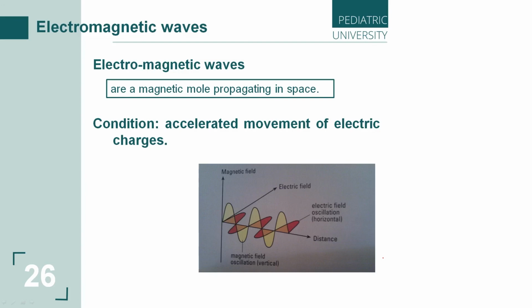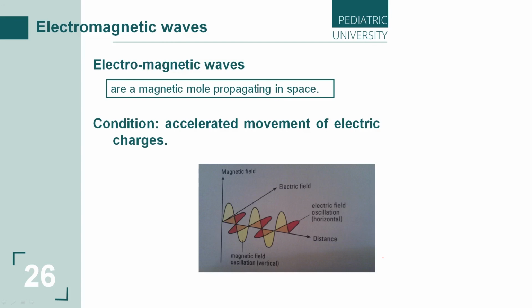We said this definition. But electromagnetic waves are not mechanical waves. Electromagnetic waves can spread through the vacuum, but mechanical waves cannot spread through the vacuum. I think you know this. So we have to discuss what electromagnetic waves are.